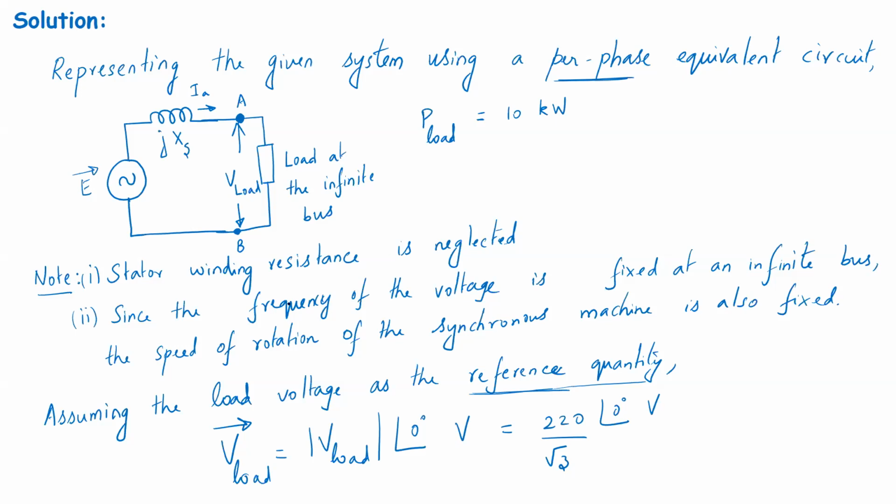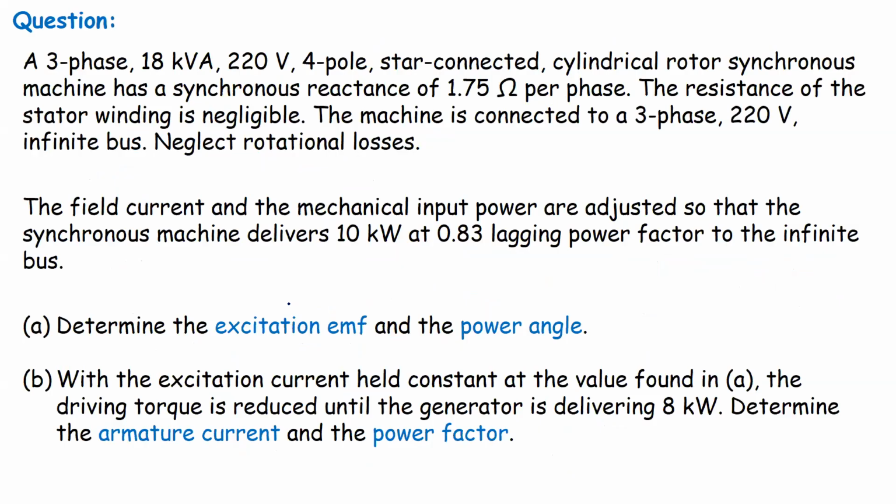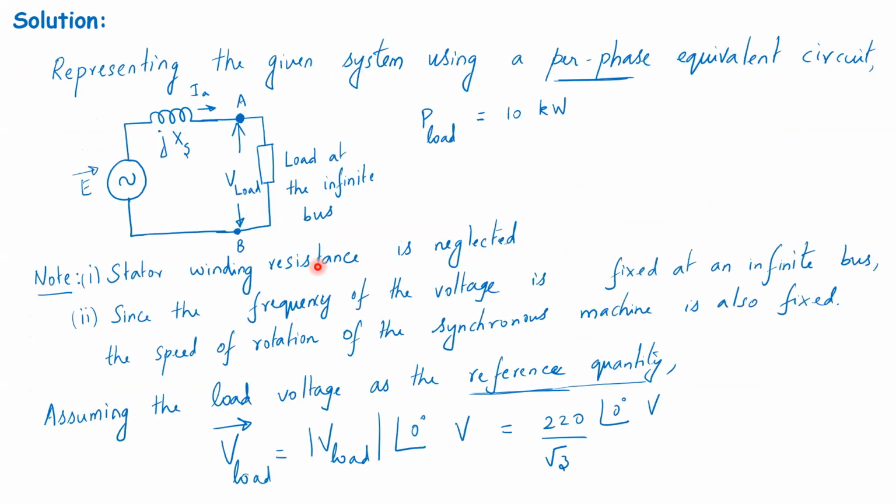The value of the infinite bus load voltage is 220 divided by root 3, because this is a 3-phase star connected system as indicated here. Therefore, we have to maintain 220 divided by root 3 as the phase voltage. And I'm assuming the voltage across the load as the reference quantity, and that is why I have the 0-degree angle here.